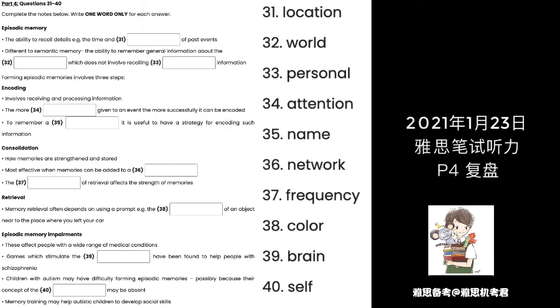Now turn to Section 4. Section 4. You will hear a lecturer in psychology talking about a type of memory. First, you have some time to look at questions 31 to 40.